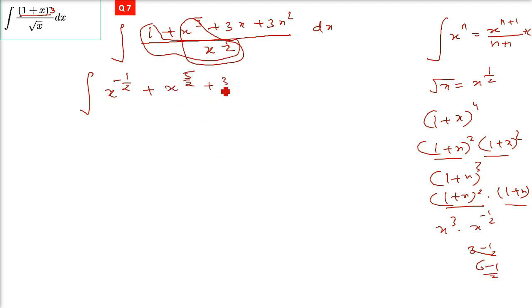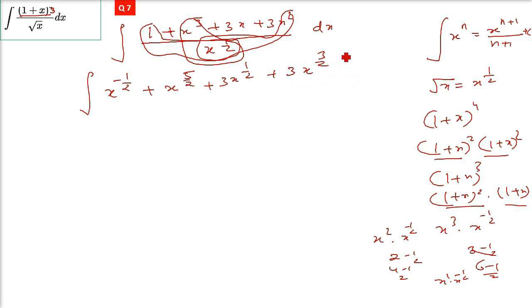Then we have next one, which is 3 is already a constant, x divided by x raised half. So negative half goes up, 1 minus half is half only. Here 3x square will remain like that, x square divided by x half. So x negative half goes up. This is 2 minus 1 by 2, this is 4 minus 1 by 2. This is 3 by 2. So this is 3x to the power 3 by 2. This all goes with dx.